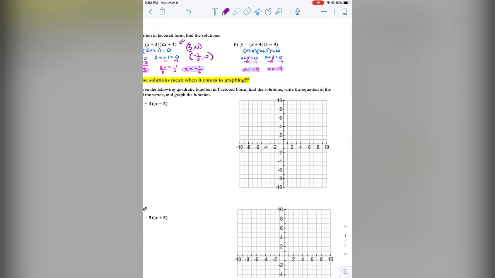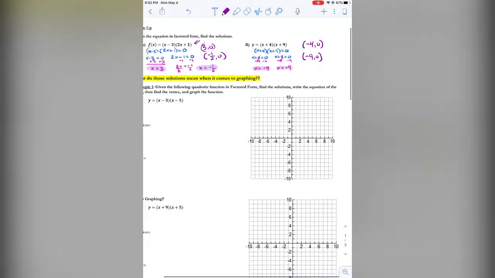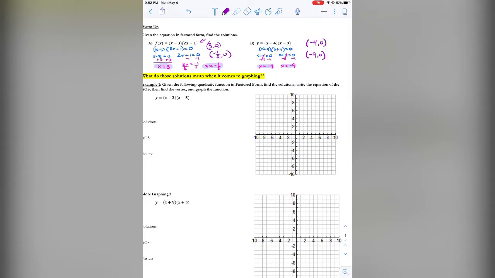For this one, we have our x-intercepts as (negative 4, 0) and (negative 9, 0). Well, how do those x-intercepts help us to be able to graph? That's what we're going to talk about, because you can graph your quadratic directly from factored form if you want to.